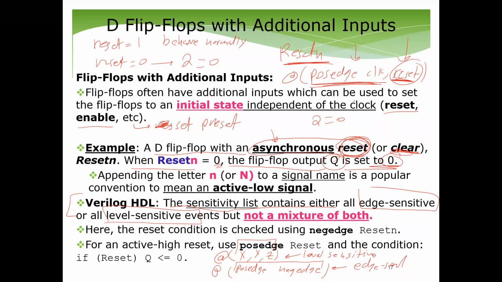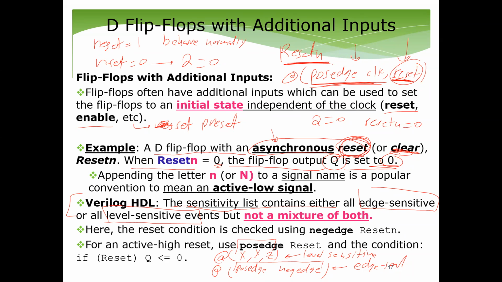When do you want to enter the block, when you want to reset: at positive edge, or at reset equal 1, or reset equal 0? You want to clear when reset equal 0, so let's call it reset n, just to follow the convention. If reset n equal to 0, I want to reset the flip-flop.